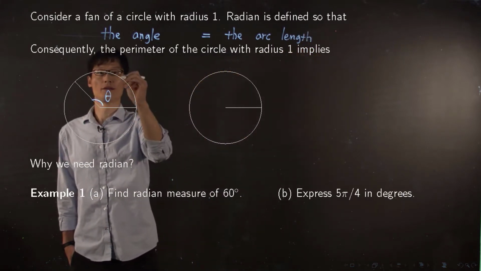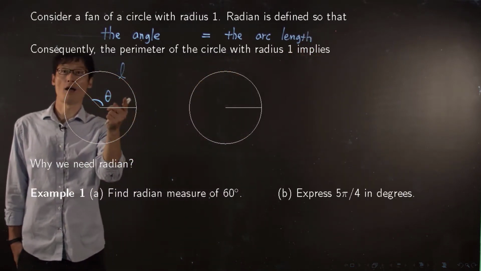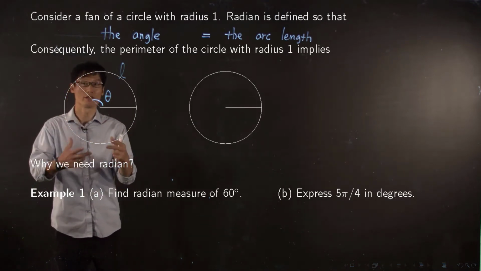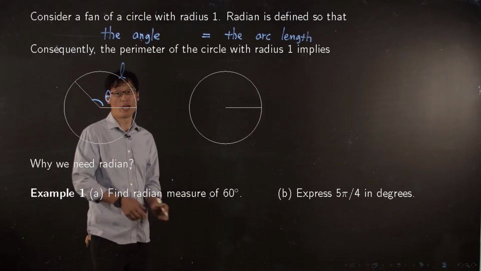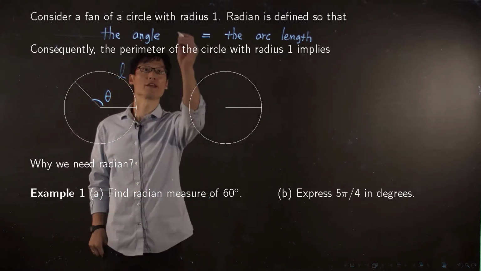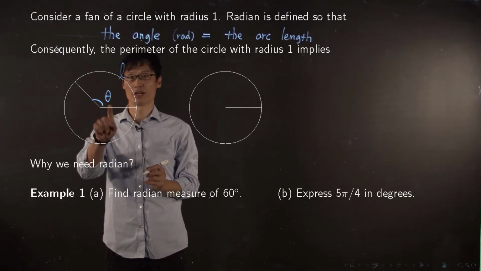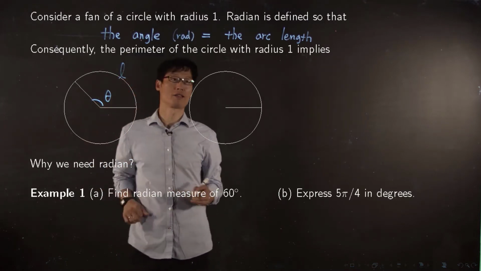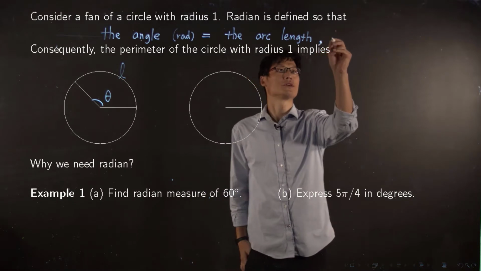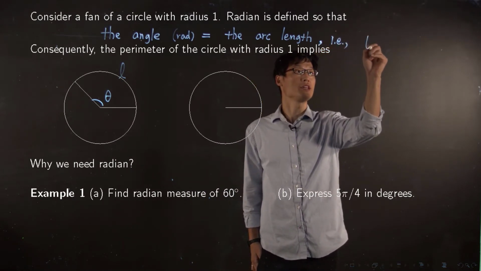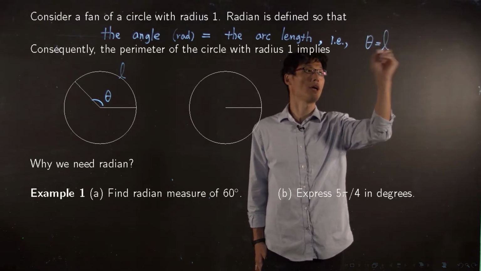Let me use L. So we have arc length and angle. So we define radian so that if you measure this angle in radian, then this angle is exactly the same as the arc length. In other words, theta is L.